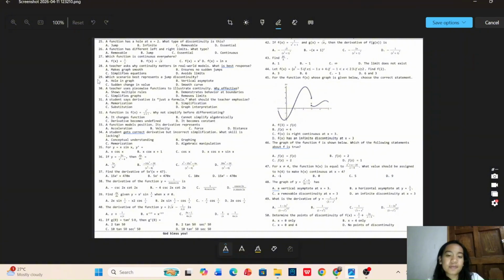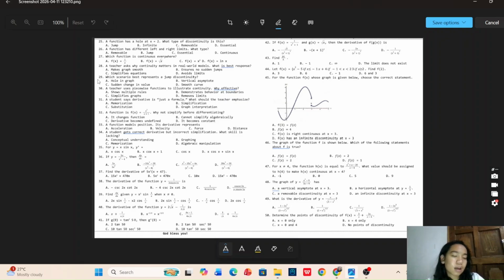Because we know that piecewise functions show different functions according to the value of x, and with that it demonstrates the behavior at boundaries, since it shows boundaries, and it shows whether the graph is continuous or not. And if it is not continuous, it could be removable or essential.